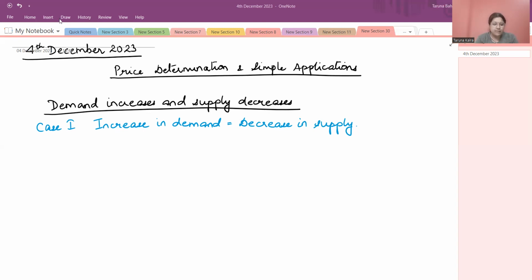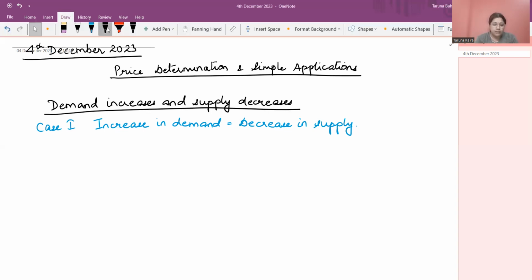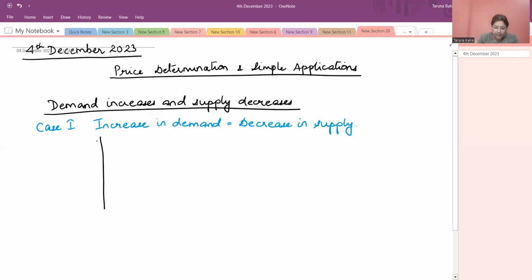The first case is that your demand increases and your supply decreases proportionately. Let us see how it looks. This is our x-axis, this is our y-axis, and this is the origin.